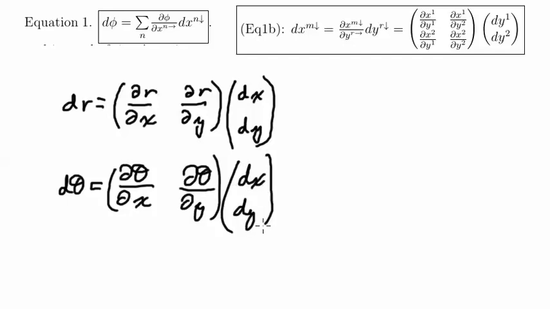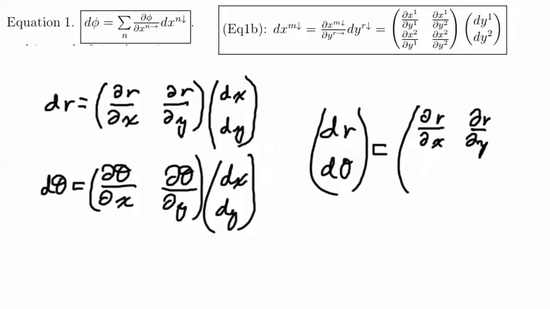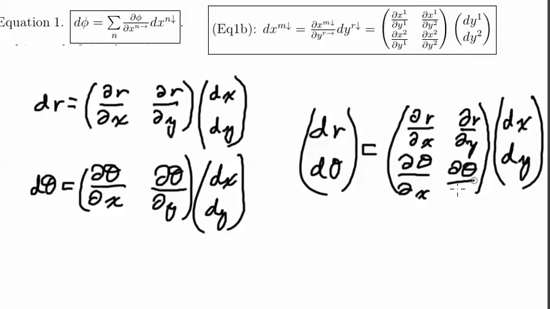Okay, so equation 1b is equation 1 twice, where we go dr d theta equals del r del x, del r del y, times dx dy, but then I don't have to rewrite the entire thing, I just have to rewrite this part of it, del theta del x and del theta del y.